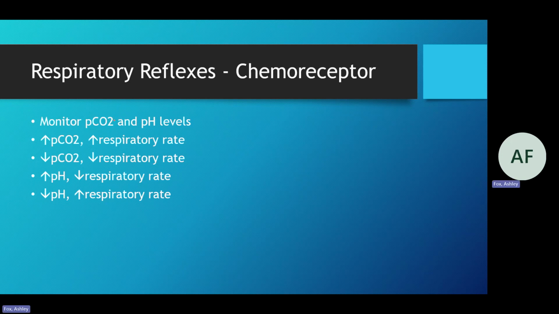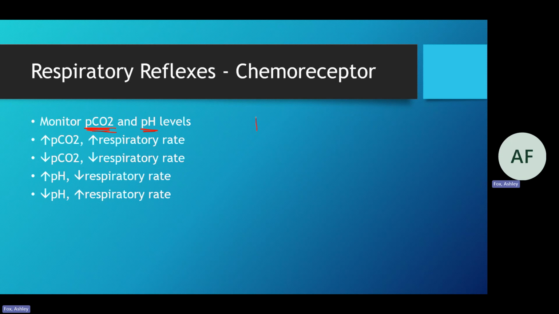So again, chemoreceptors are really focusing on the partial pressure of carbon dioxide. That's what we're going to focus on. But like I said, carbon dioxide levels and pH levels go hand in hand. Carbon dioxide has an influence on pH.